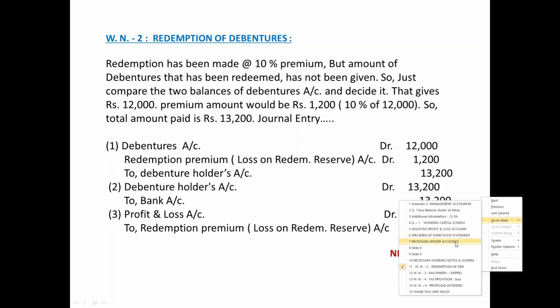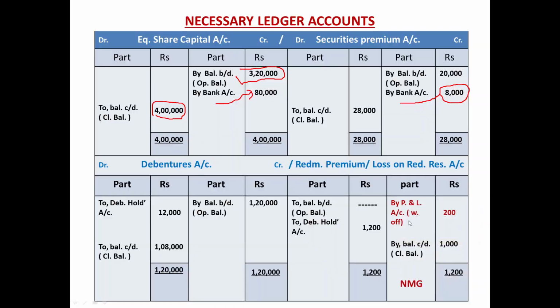the debentures ledger account, like we did for the equity share capital account in the context of the right issue amount. Same way, let us verify the debentures account to decide the amount of redemption made in the current year. Have a look at the two balances.